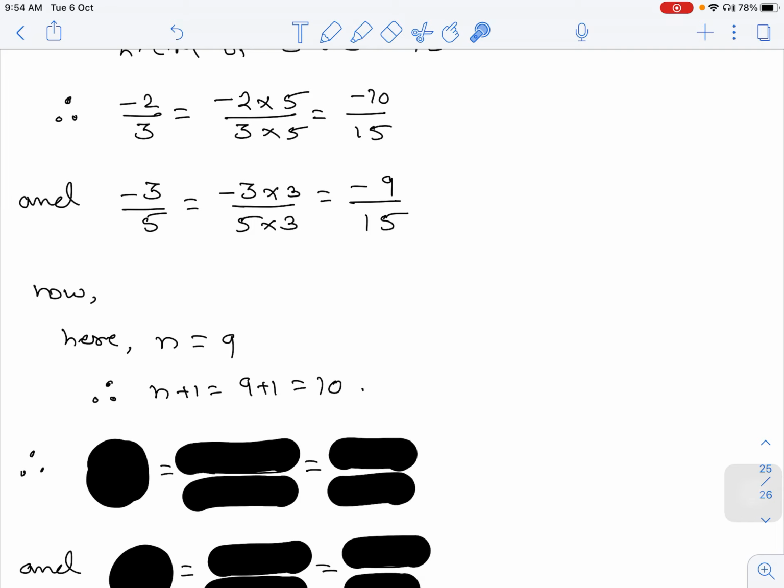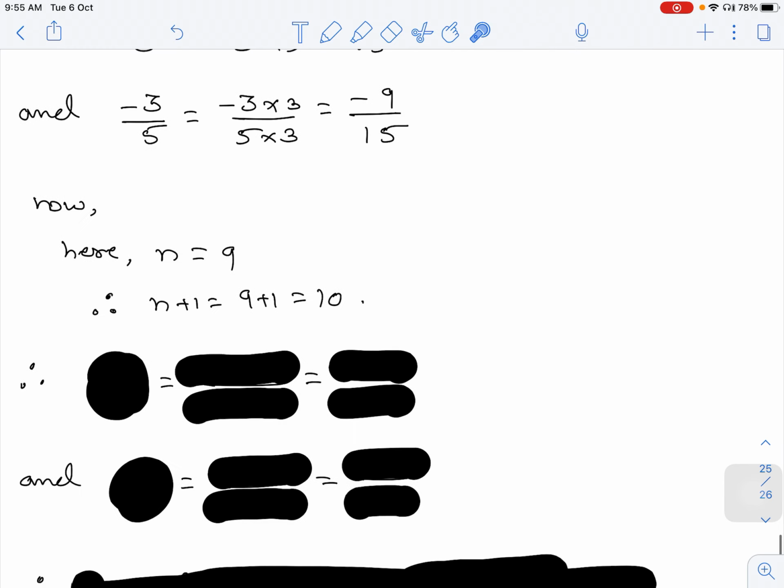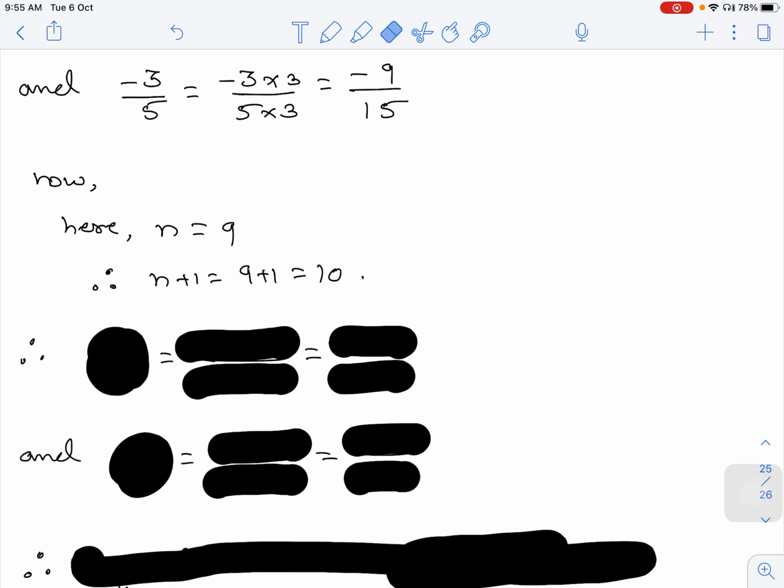Now these numbers have the same denominator, and we will multiply both the numerator and denominator of each number by 10. What is our first number?